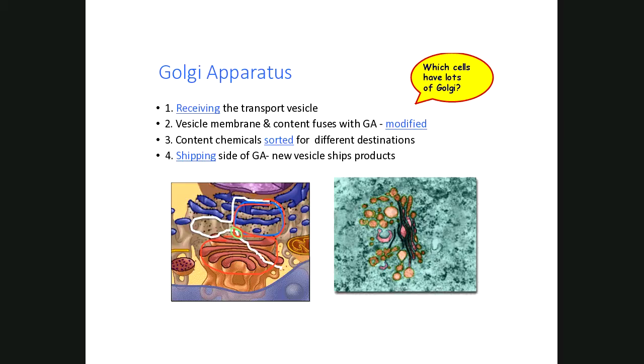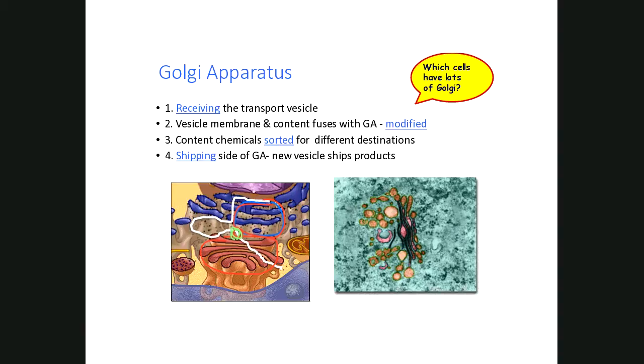When it shows up at the Golgi apparatus, the membrane of the transport vesicle fuses with the membrane of the Golgi apparatus. When those two membranes fuse together, the transport vesicle opens up and releases its contents into the Golgi apparatus.